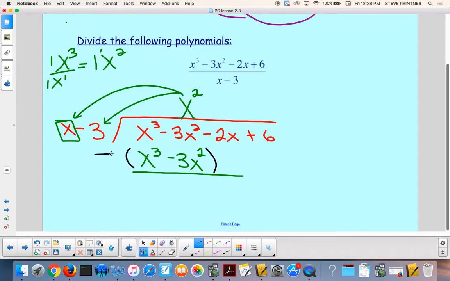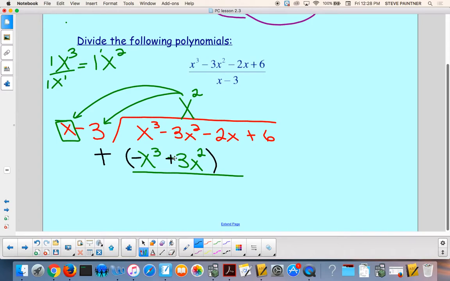So when you subtract, it says x cubed, subtract x cubed. It's much easier to change your subtraction to addition and change every term to the opposite. Negative, positive. So now when you subtract, you get nothing. And by the way, you always get nothing right away. If you get something here, you did it wrong.